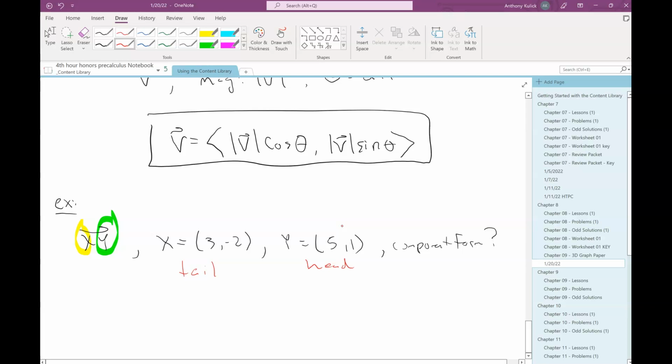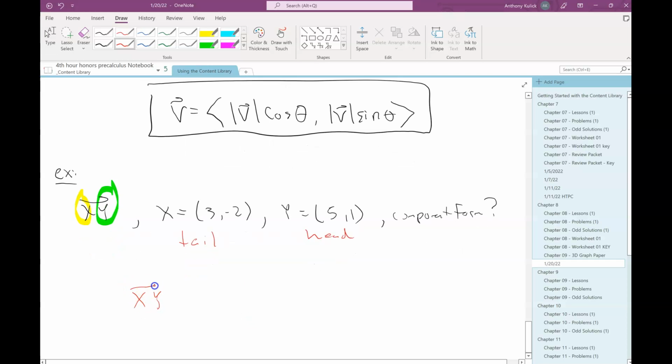Everybody cool with that? Again, the notation matters. Depending on which way that symbol would be applied, if it was pointing the opposite direction, then the opposite things would happen. Yep, very good.